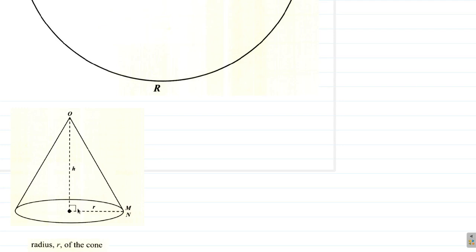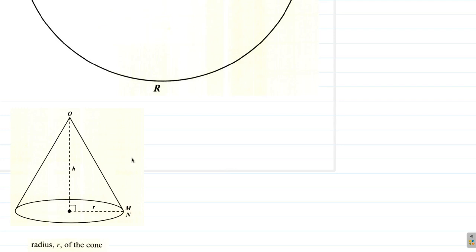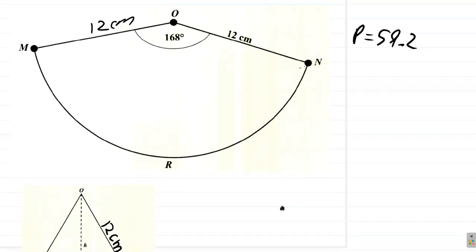Now, the thing is, you see ON will be the slant height, 12 cm. Let me just write it in. This is 12 cm.